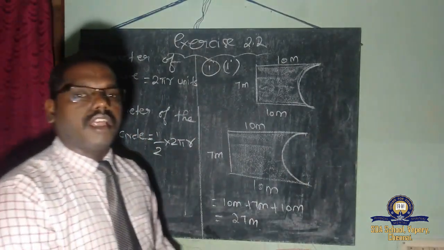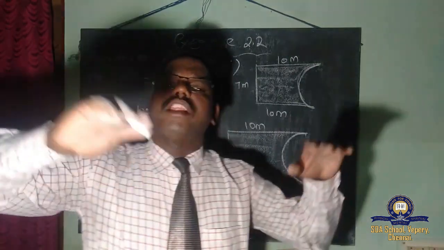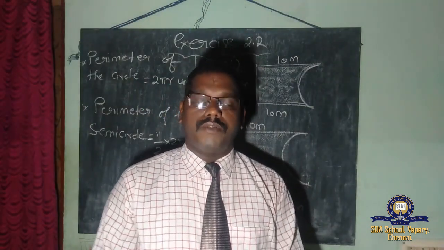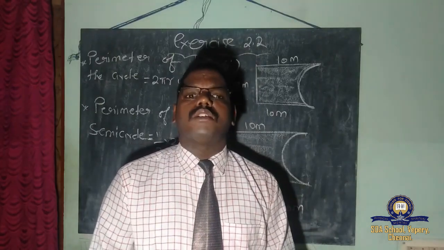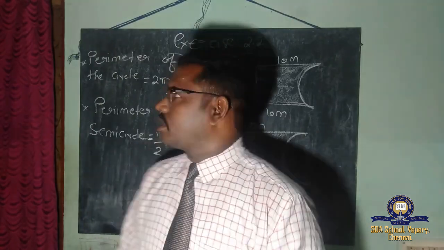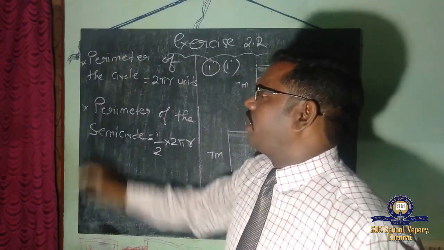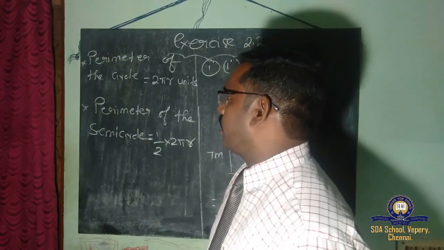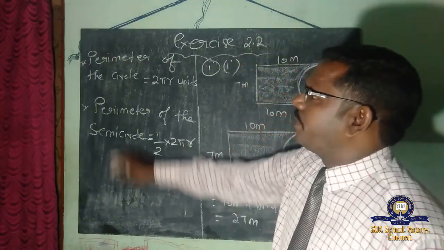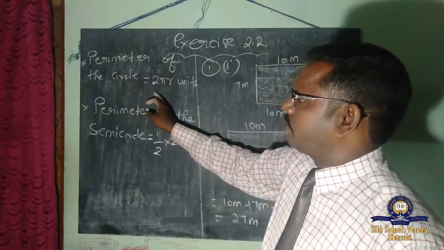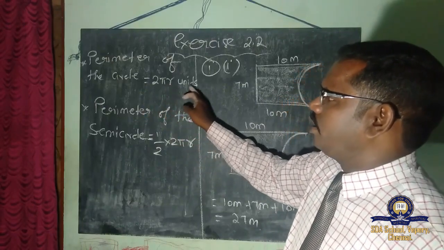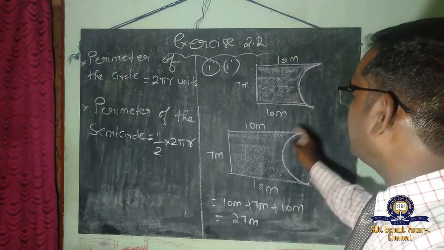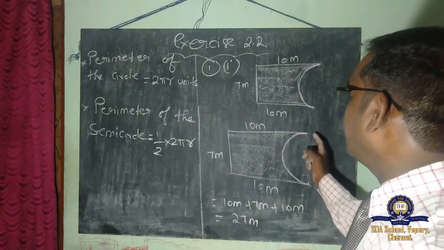Okay, for all other geometrical shapes we say perimeter, but only for a circle we say circumference of the circle. Perimeter of the circle and circumference of the circle are the same. We know the formula. Perimeter of the circle is equal to 2 pi r units, but here we don't want a circle, we have only the semicircle.